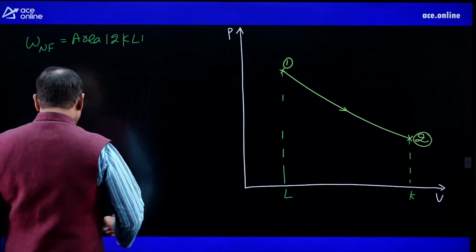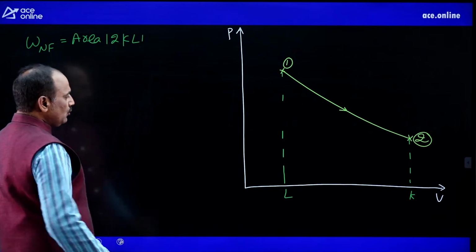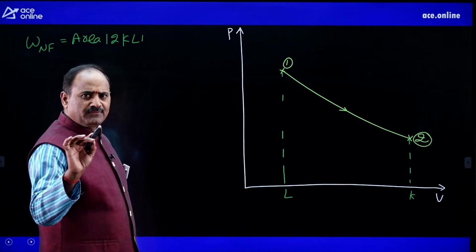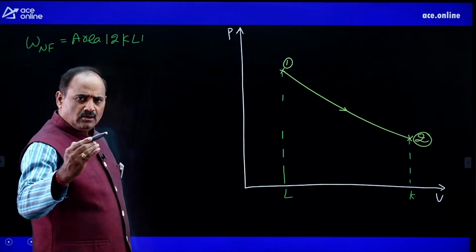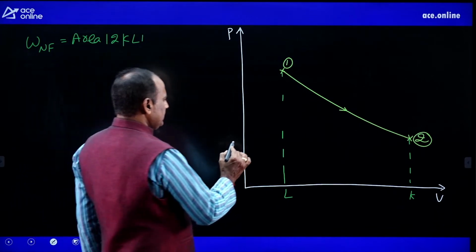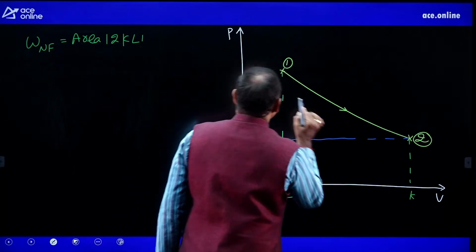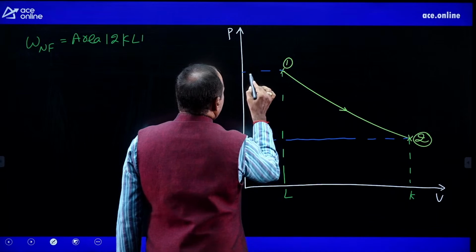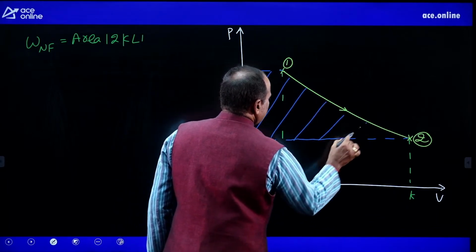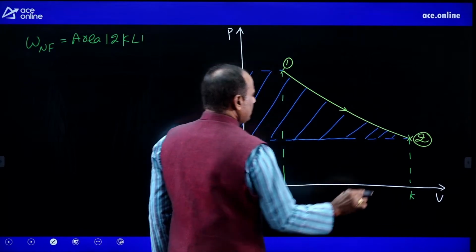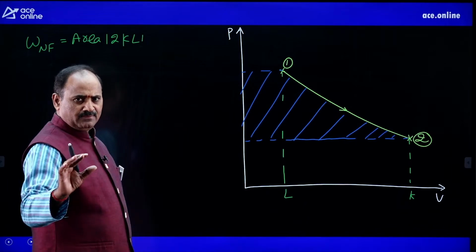But if I assume that the same expansion curve is drawn for an open system, particularly for a steady flow system, the area towards the pressure coordinate, or the area behind the PV diagram, is the steady flow work. This area is representing steady flow work.